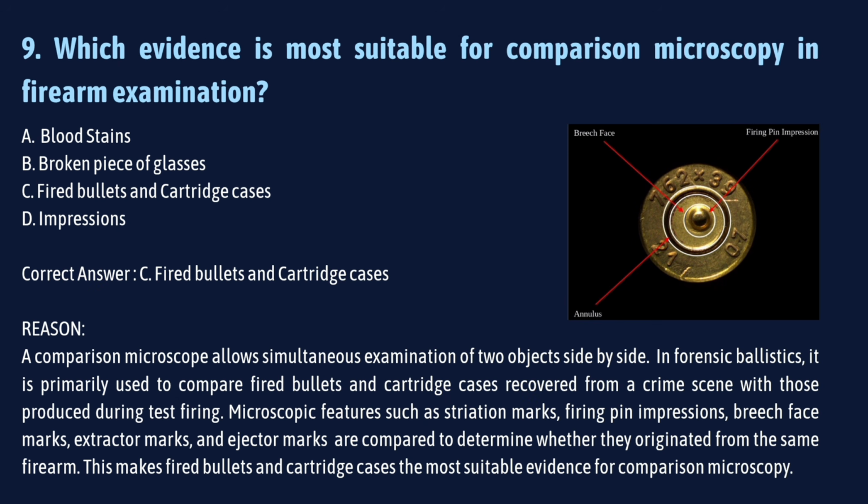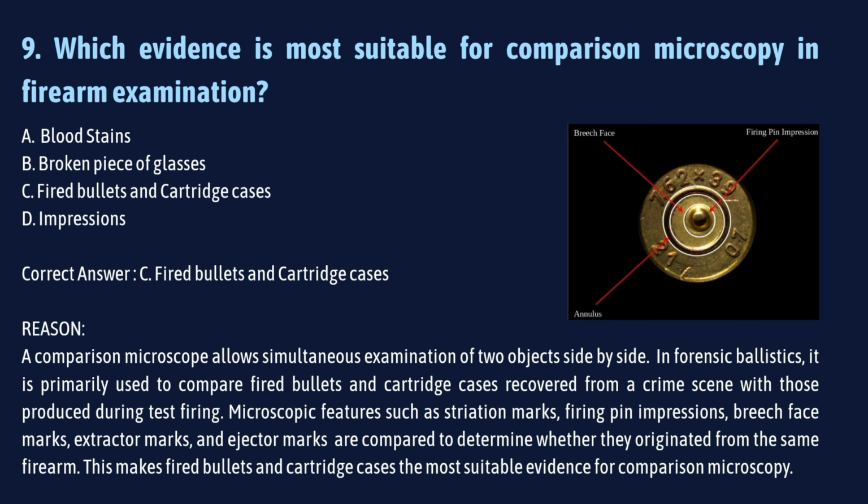Now comes question number 9. Which evidence is most suitable for comparison microscopy in the firearm examination? The correct answer is fired bullets and cartridge cases. The reason is a comparison microscope allows simultaneous examination of two objects side by side. In forensic ballistics, it is primarily used to compare fired bullets and cartridge cases recovered from a crime scene with those produced during test firing.